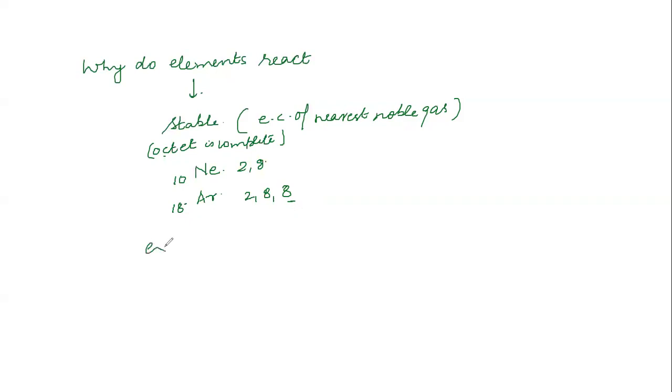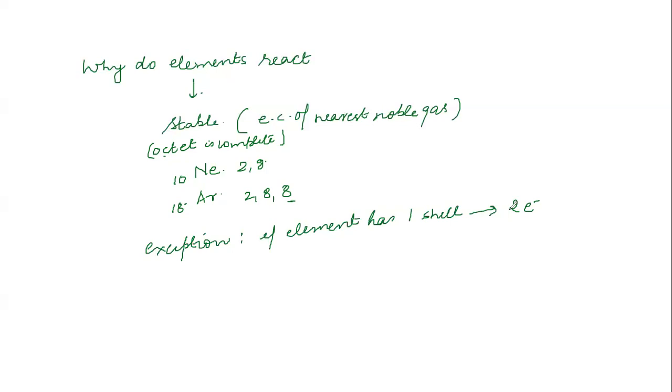But there is an exception. The exception is that in case the element has only one shell, then it is stable by having 2 electrons, because the diameter of the first shell is small and it cannot accommodate all the 8 electrons.